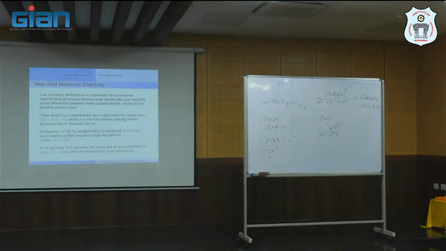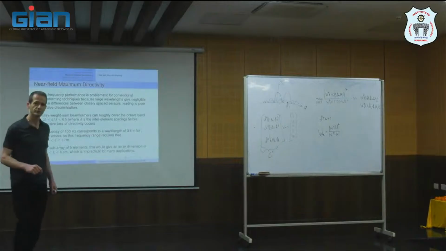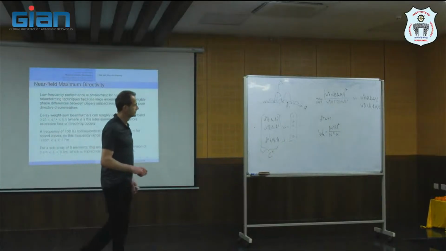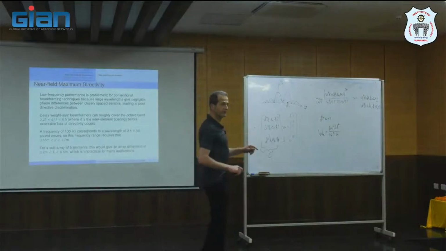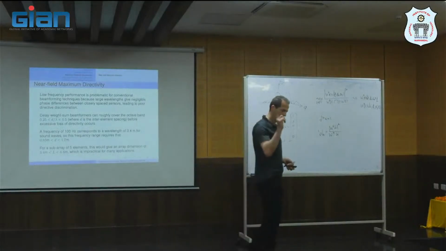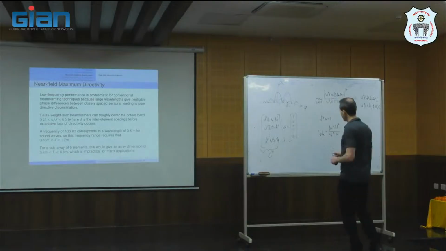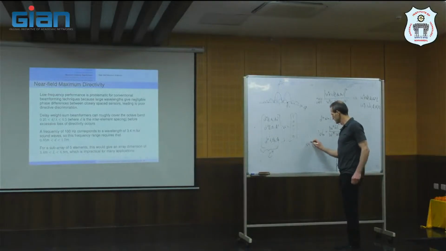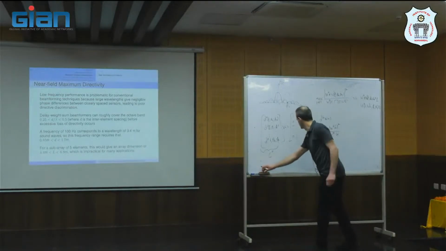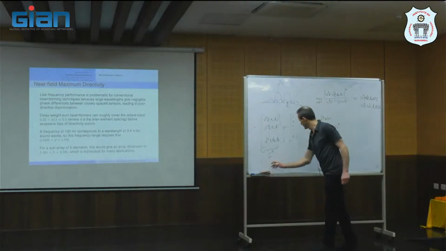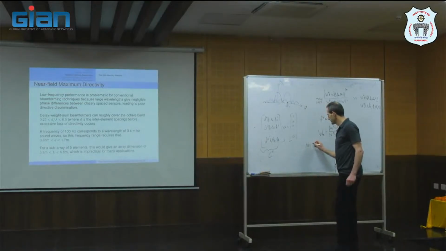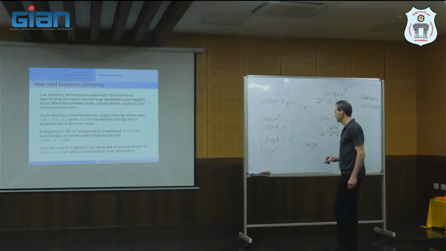So how do we change it to near field? What do you think? Everything that we saw here. We saw a few things. We saw MVDR, the minimum variance distortionless response beamformer.